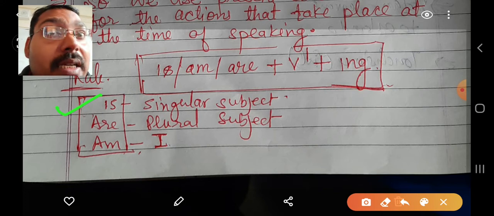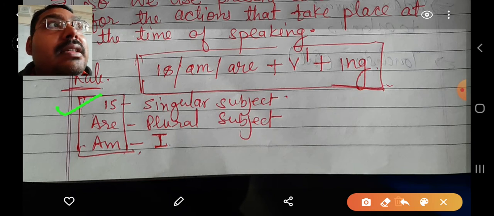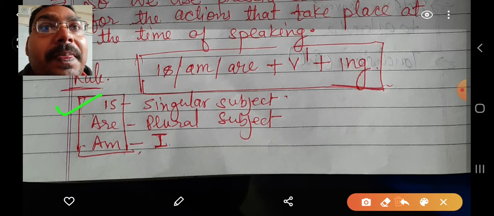If the subject is single, one, then we use is. Like if I say Aman, Aman is one. If I say Mukesh, Mukesh is one. If I say Sarla, Sarla is one. If I say Vaishnavi, Vaishnavi is one. If I say Antra, Antra is one. So we use is with the singular subjects.